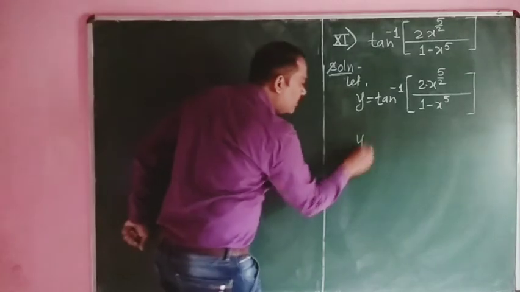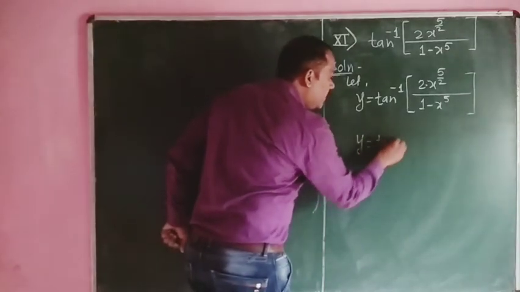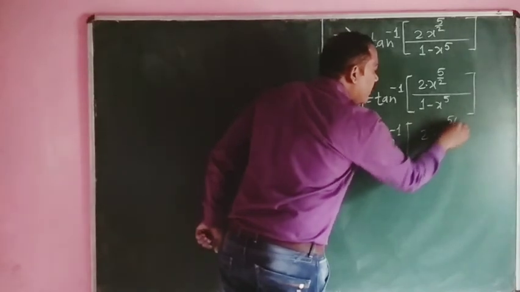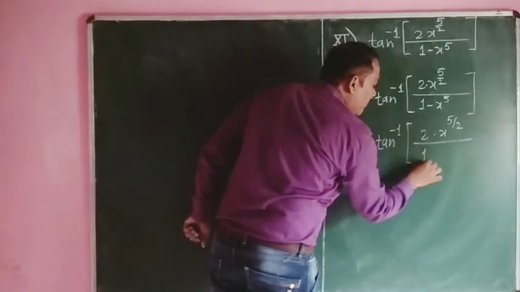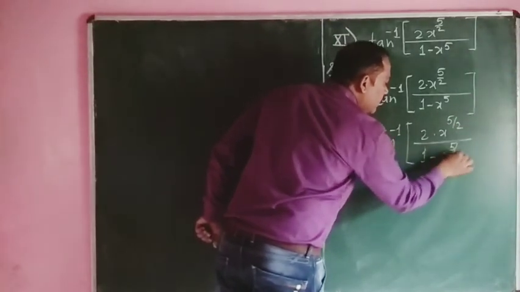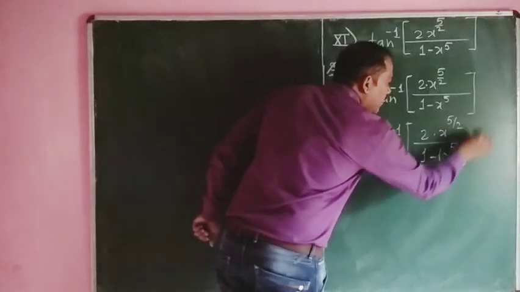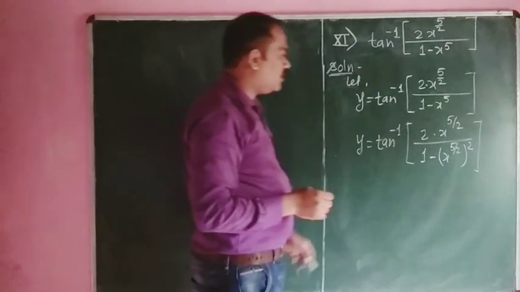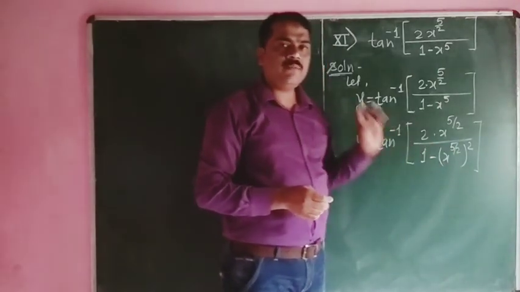So y is equal to tan inverse of 2 times x raised to 5 by 2 divided by 1 minus (x raised to 5 by 2) whole square. 5 by 2 into 2 gets cancelled, and x raised to 5 remains as it is.